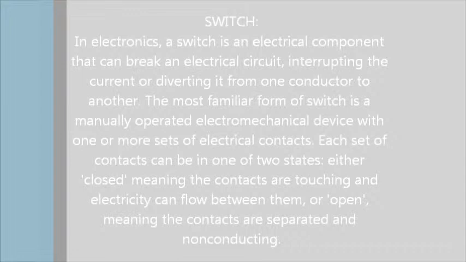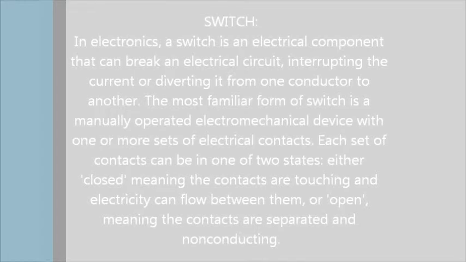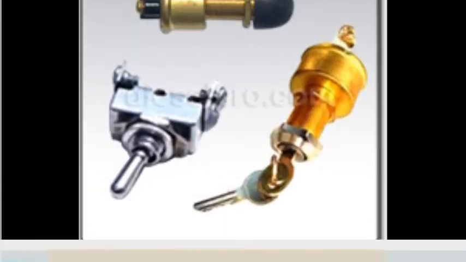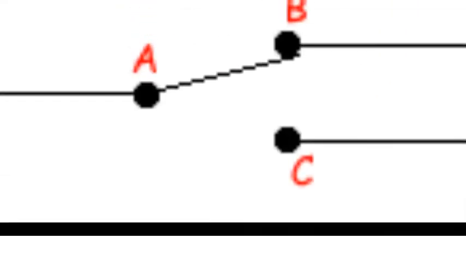Each set of contacts can be in one of two states, either closed, meaning the contacts are touching and electricity can flow between them, or open, meaning the contacts are separated and non-conducting. A switch might be directly manipulated by a human as a control signal to a system, such as a computer keyboard button, or to control power flow in a circuit, such as a light switch. These are some of these. This is the schematic symbol.